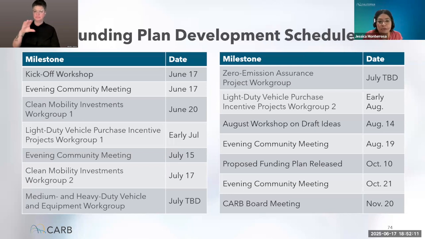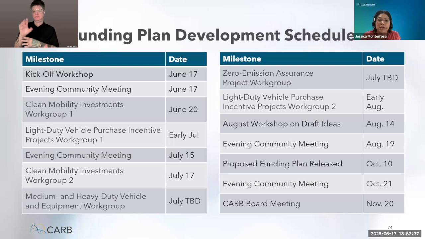I'd like to close up with a quick reminder that these evening communities are held every 3rd Tuesday of the month, excluding the month of November due to the funding plan being presented to the board. And as mentioned earlier, June and July are the most intensive months to collaborate with you to develop the proposed funding plan. In August, we'll discuss the draft ideas in a workshop and recap that at an evening community meeting a few days later.